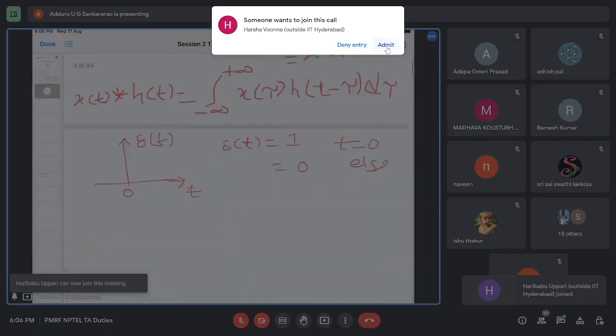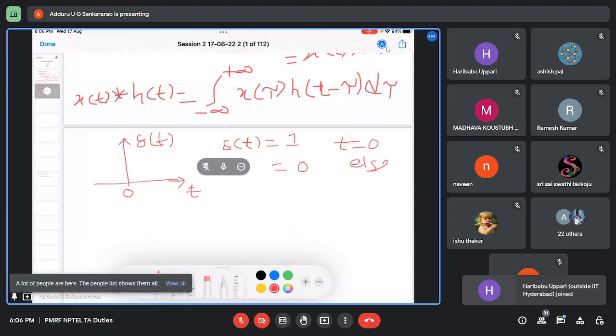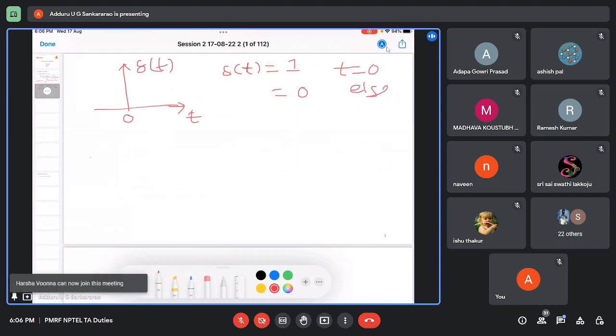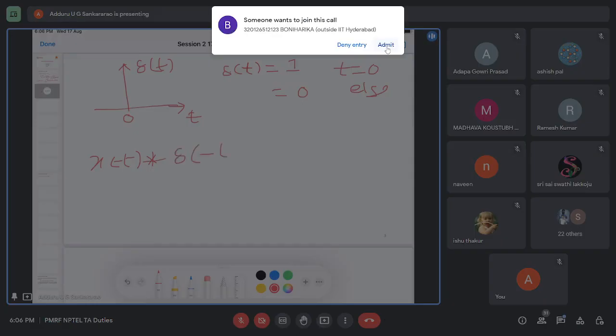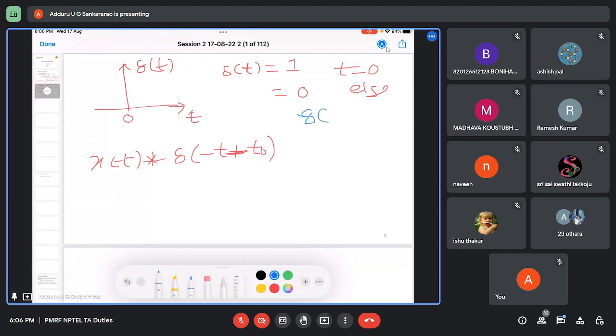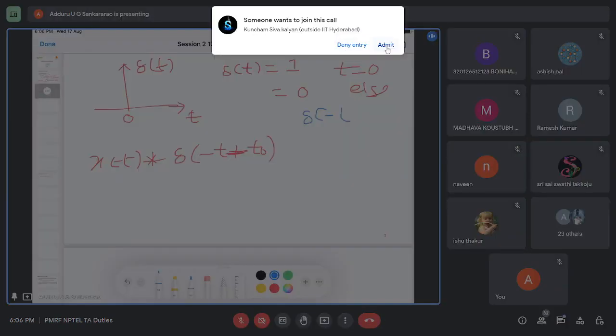So x of minus tau convolved with del of minus t minus t naught. But we know del is an even function, right? So del of minus tau is equal to del of tau.